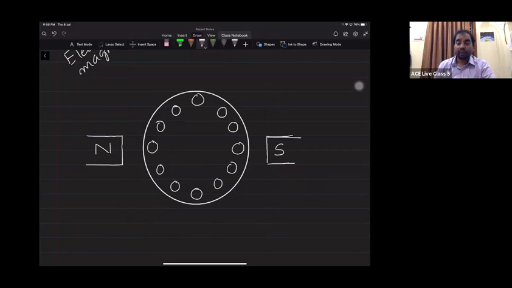The two ends of those conductors are brought out with the help of a commutator and brush arrangement. I'm just roughly drawing the commutator and brush arrangement.